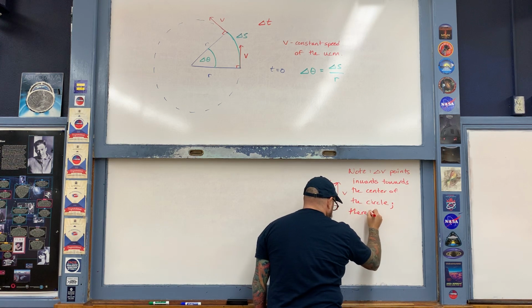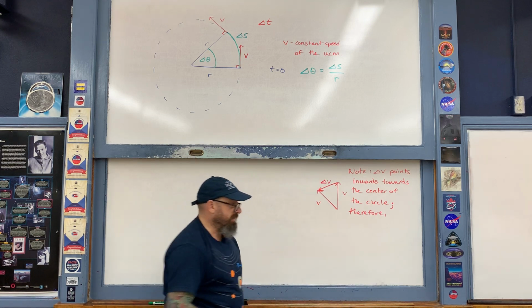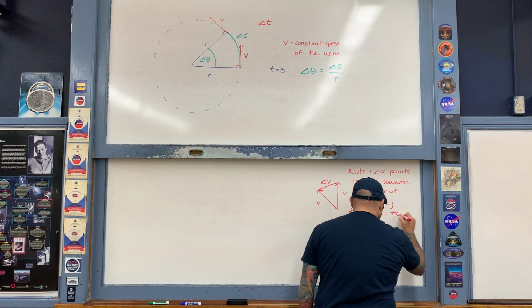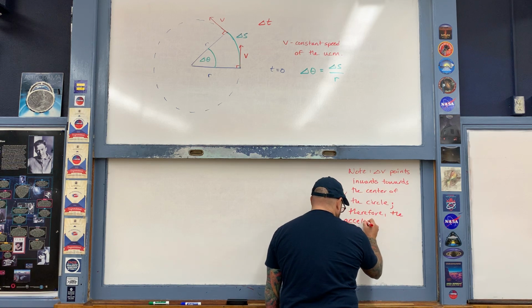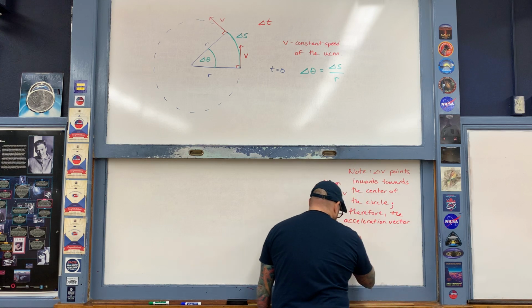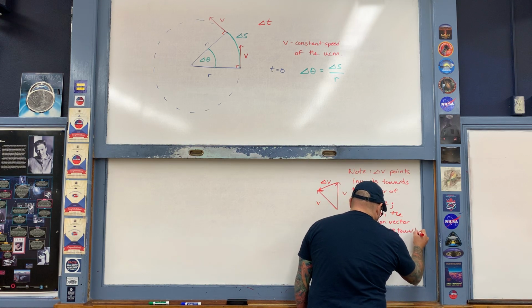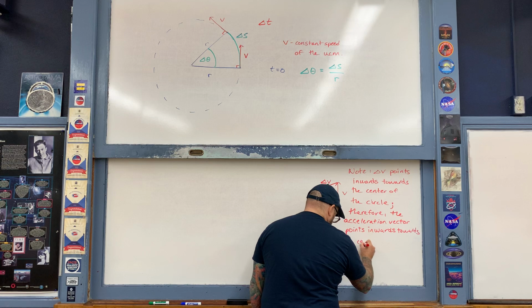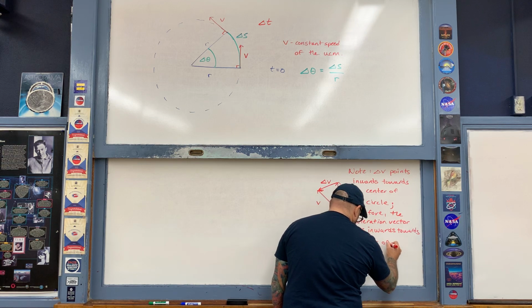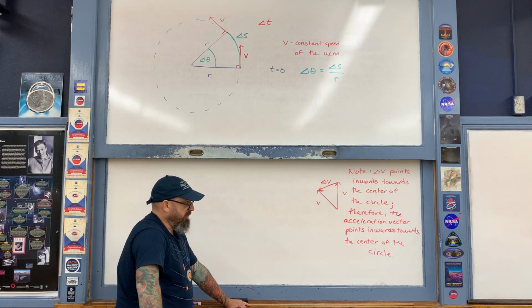Therefore, the acceleration vector points inwards towards the center of the circle. Make sure that you have this written down after I have done so here. Pause if necessary to write this down.